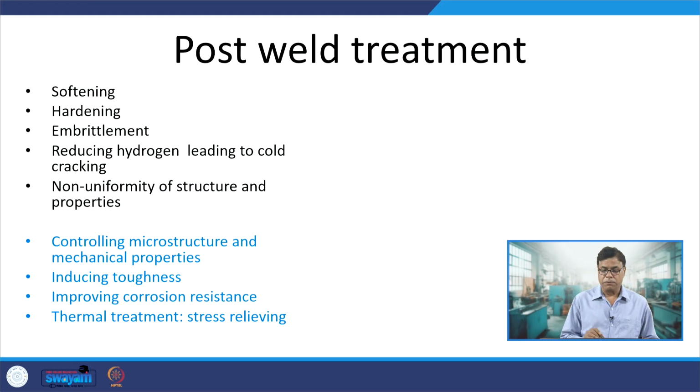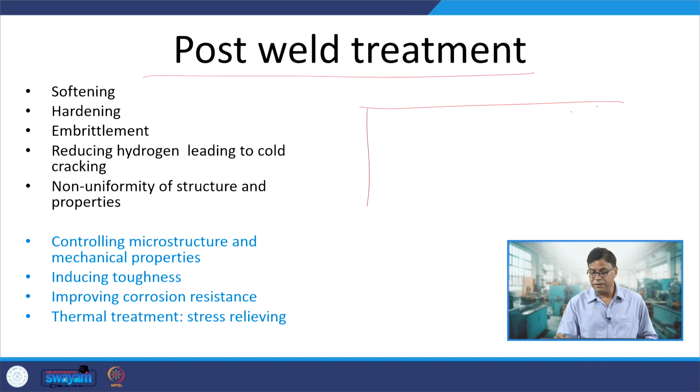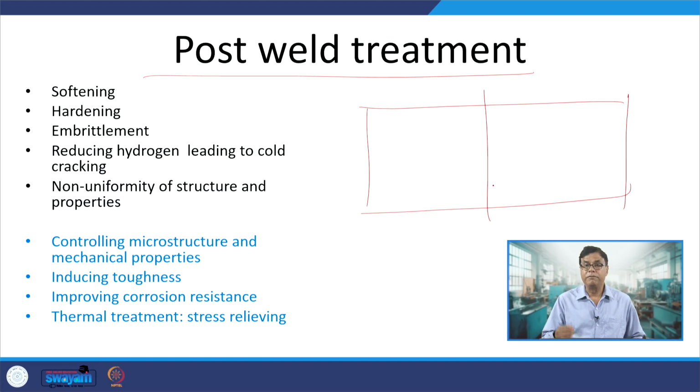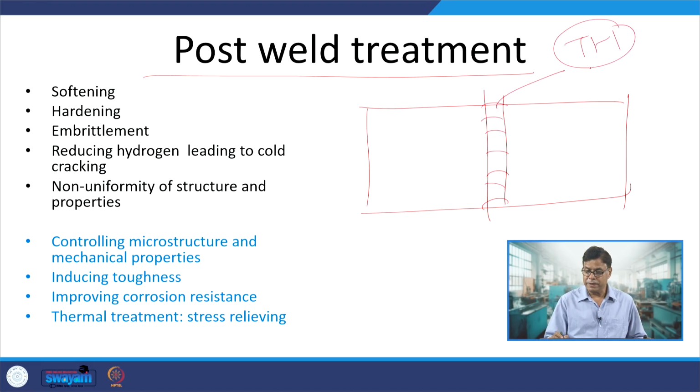Okay. So, as far as the need is concerned, as I have said, different metals respond differently to the weld thermal cycle imposed during welding. Few metals like transformation hardening metals suffer with embrittlement or hardening.